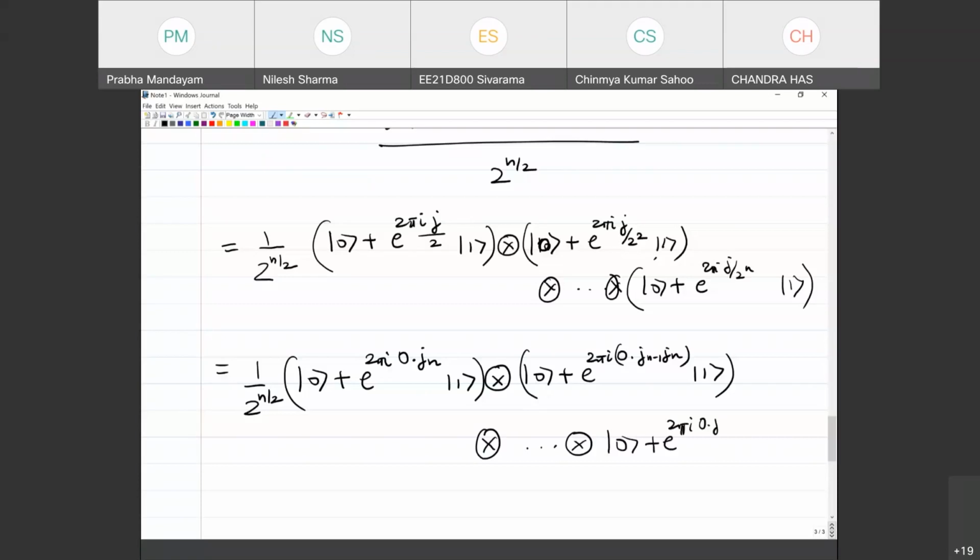This now has J1 to Jn. Okay, so this kind of shows this product form.